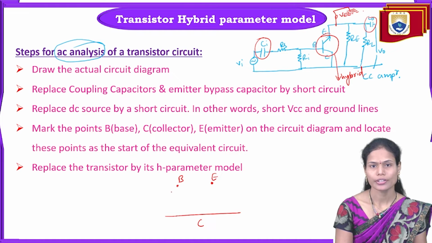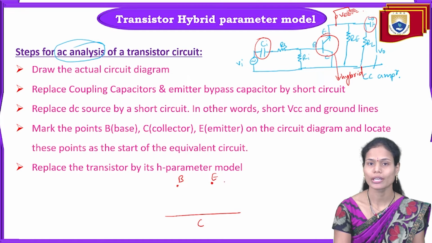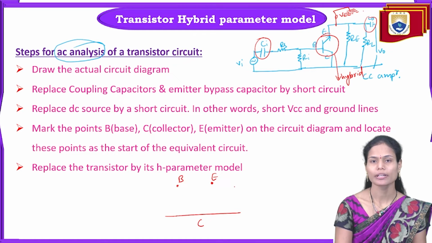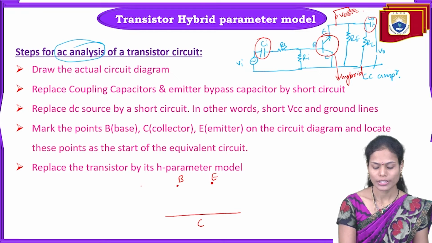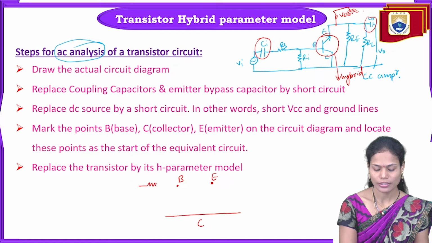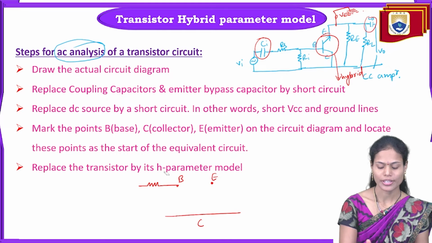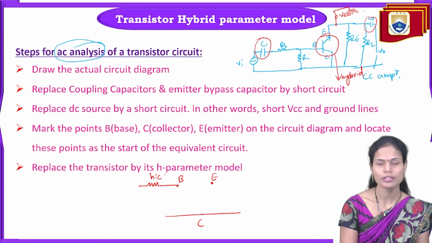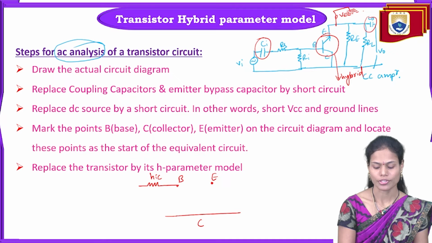The elements which are connected to the base act like input elements, and the elements which are connected to the emitter act like output elements here. So for the base terminal, we are having the input resistance HIB here. Sorry, very sorry, it is HIC. Why? Because it is the common collector configuration.